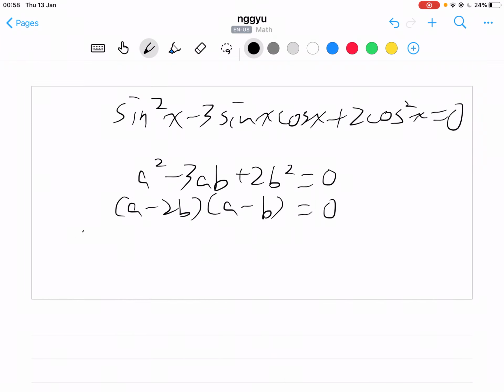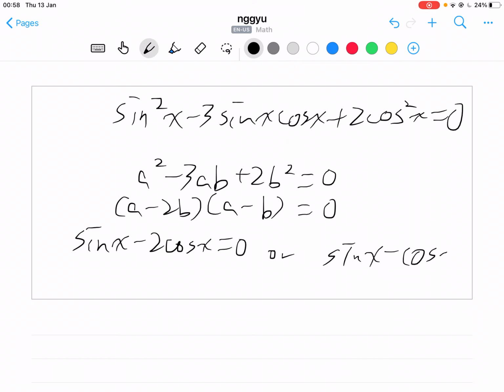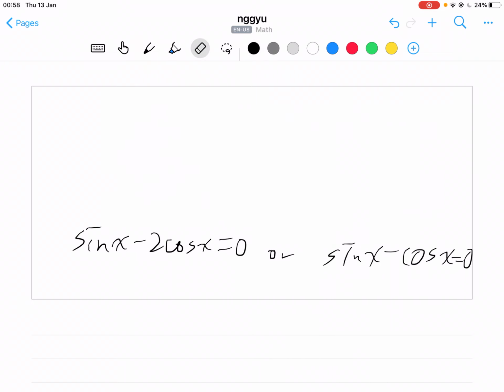So sine x minus 2 cosine x equals 0 or sine x minus cosine x equals 0. Okay, so sine x equals 2 cosine x or sine x equals cosine x.